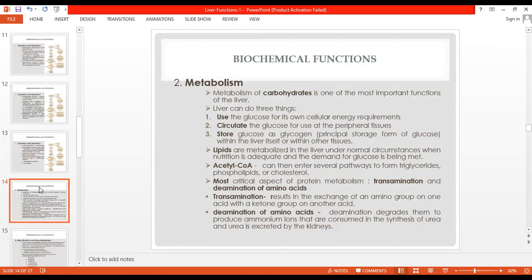So the liver is the major player in maintaining stable glucose concentrations due to its ability to store glucose as glycogen, otherwise known as glycogenesis, and degrade glycogen, or glycogenolysis, depending on the body's needs.